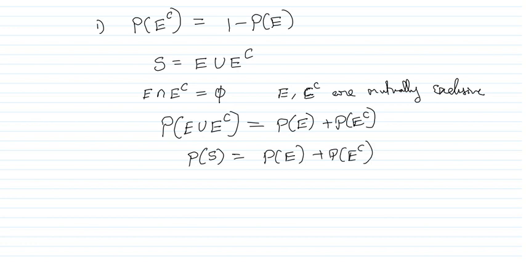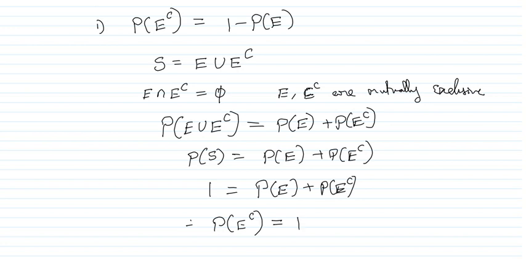Now from this you can find the probability of E complement. You know P of S is 1 from the second axiom. Therefore we can conclude that the probability of E complement is nothing but 1 minus P of E.